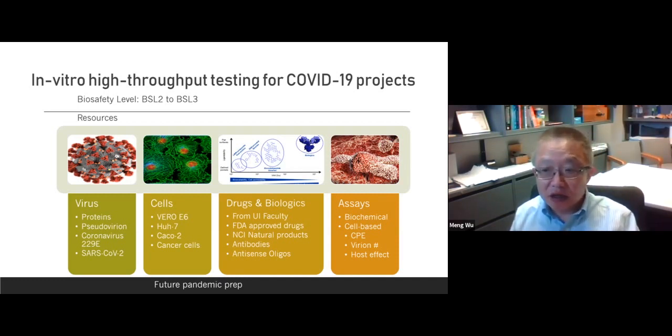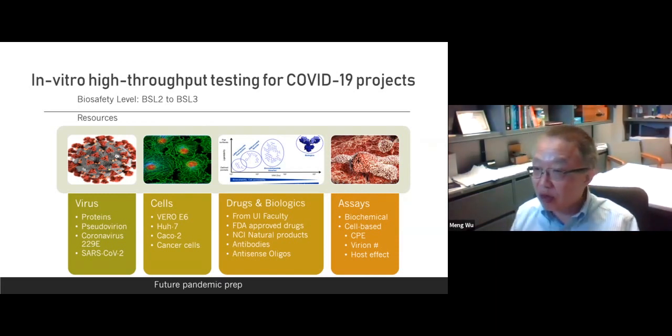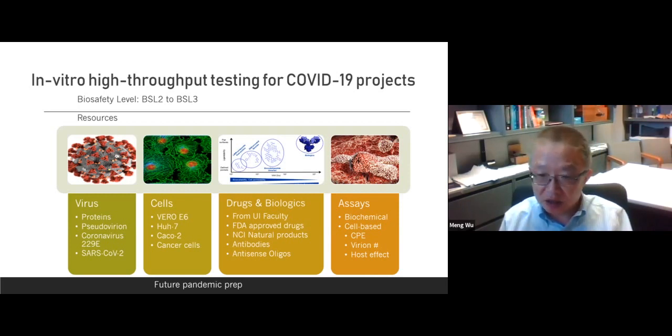If you consider that early on we did the 3D spheroid cases, we can also build up that case for virus investigation. We collect different drugs, and as I pointed out early on, we have different drugs available. We have NCI products, and we already got NCI's agreement to allow us to use this collection for COVID-19 research as well.